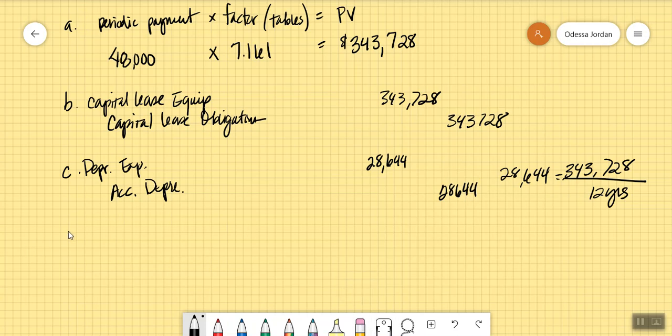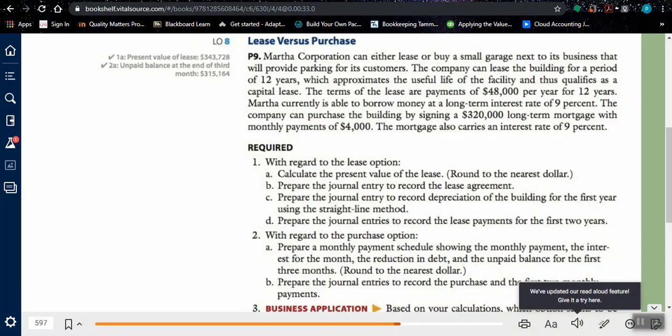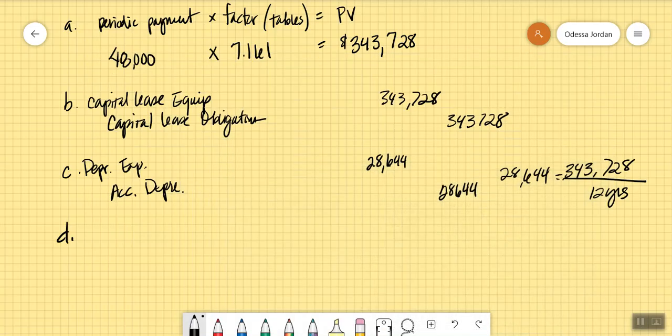All right. D, what they want us to do in D is to prepare the journal entries to record the lease payment for the next 2 years.